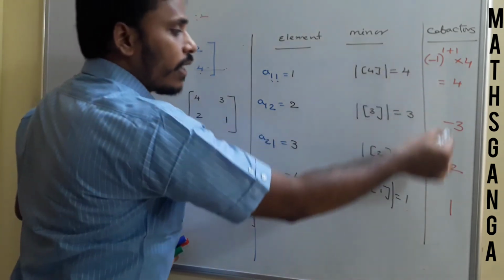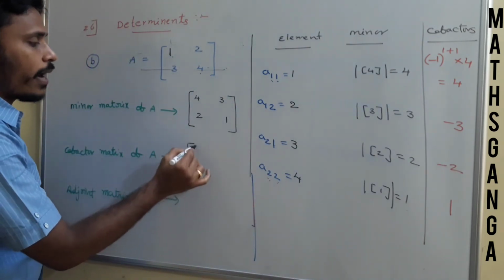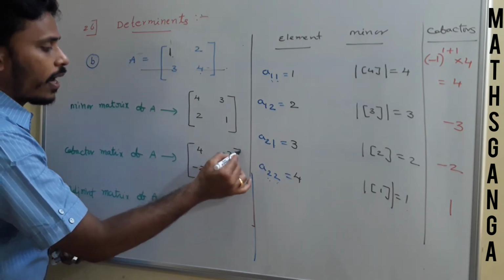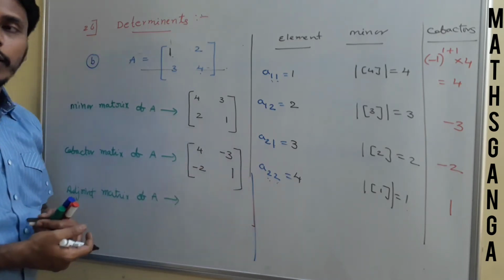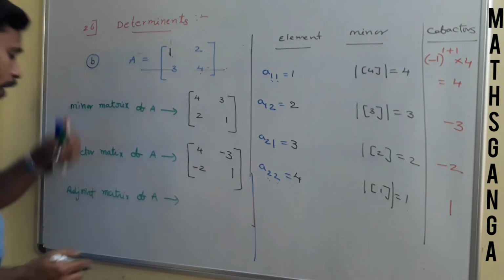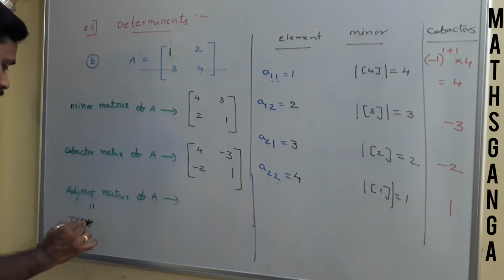Then coming to the cofactor matrix. Here we have the cofactors, right? If you look at those elements in a matrix like 4, minus 3, minus 2, 1, this is simply the cofactor matrix of A. And since this is the cofactor matrix of A, now the adjoint matrix of A. Just observe it, here I am mentioning the definition.